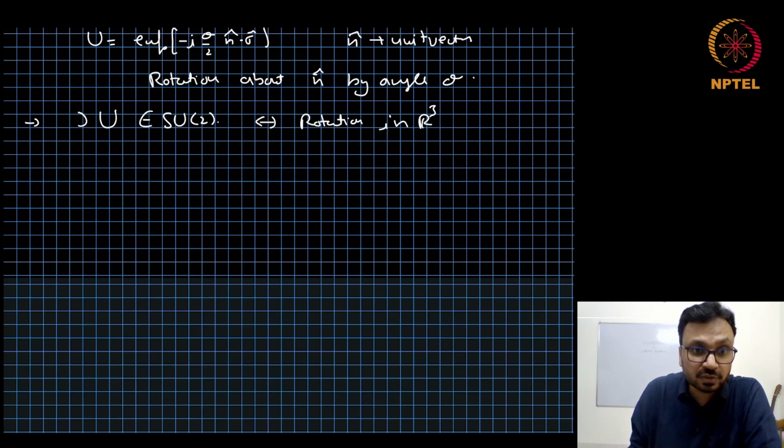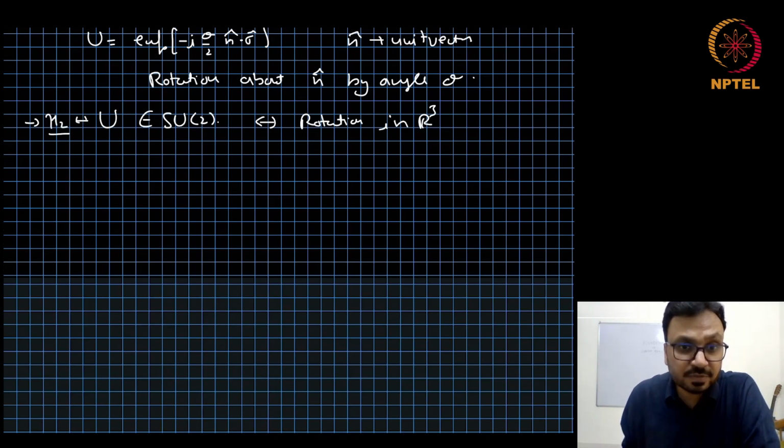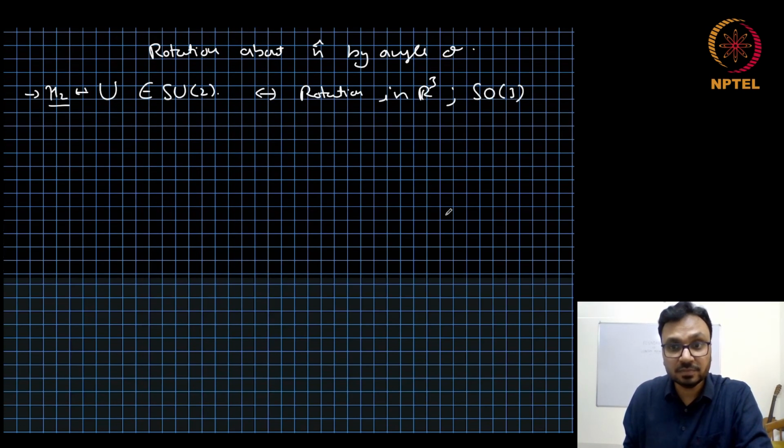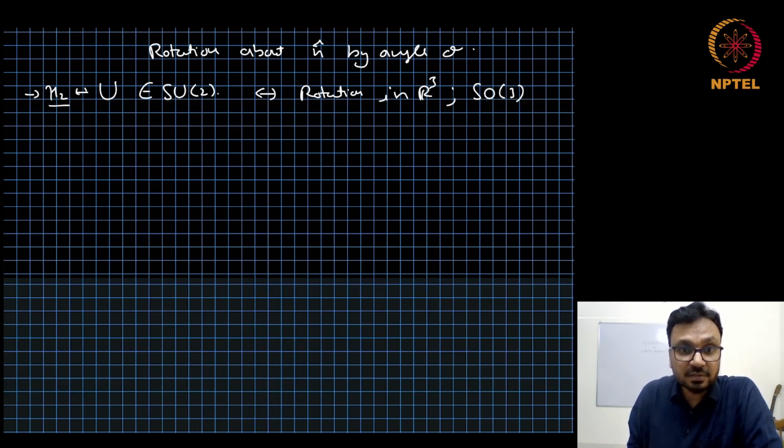So U causes a transformation on H2, the two-dimensional Hilbert space, and there is a corresponding rotation in R3, three-dimensional real space, and rotations in R3 are given by another group called SO(3), special orthogonal 3x3 matrices. So it seems like there is a relation between the two.